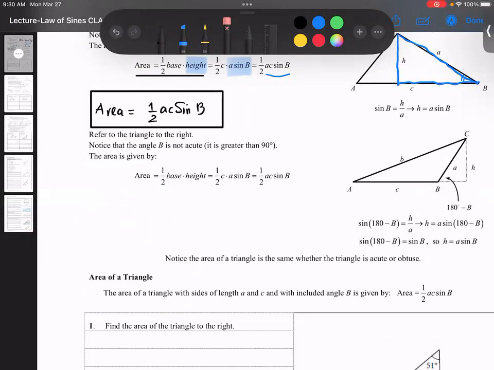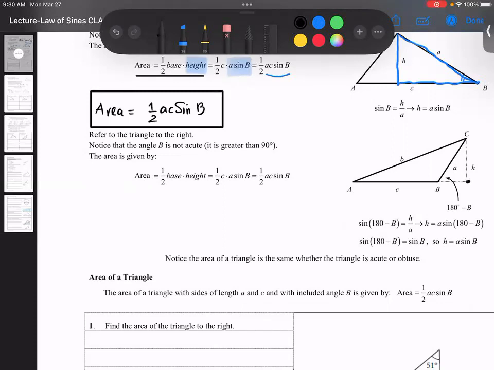Again, area is 1/2 base times height. Like I said, for those exotic triangles like that, all you have to know is that the height and base intersect at 90 degrees, right? Here I don't see anything at 90 degrees. Either you can draw like this, which is not going to do anything good with our formula here. What I'm going to do is, from C, project a downward line that intersects AB at here.